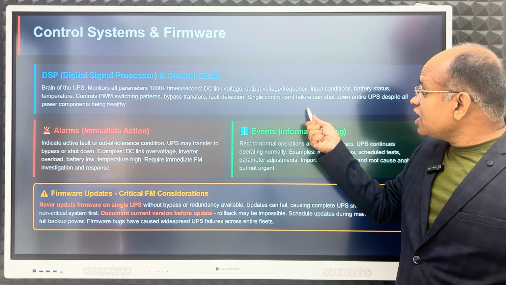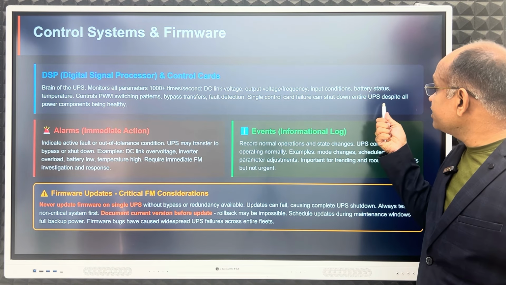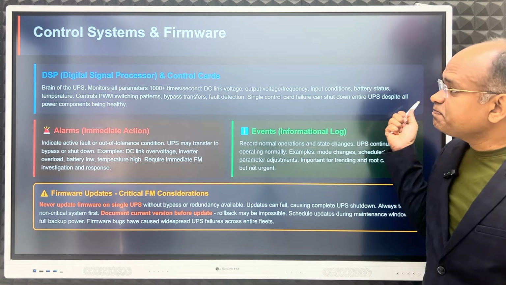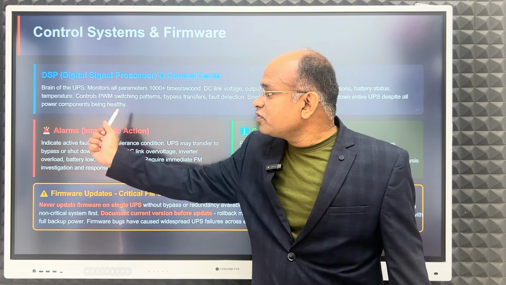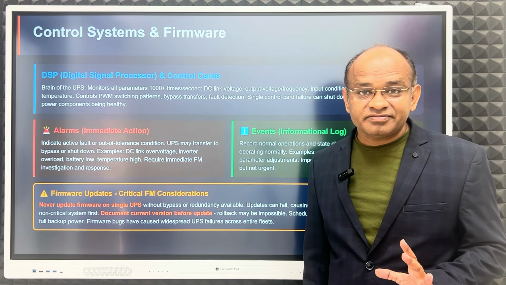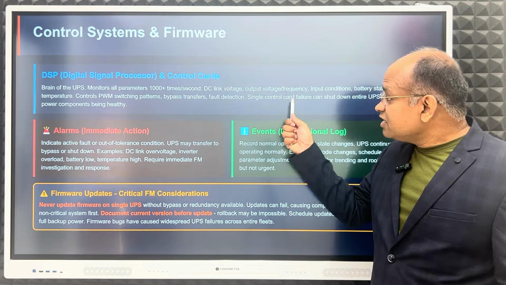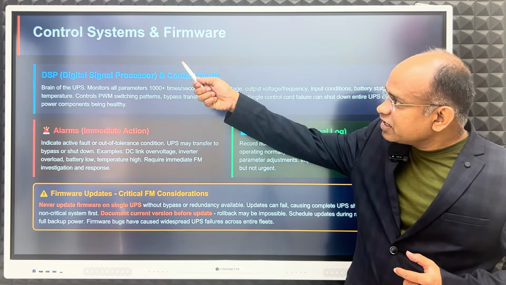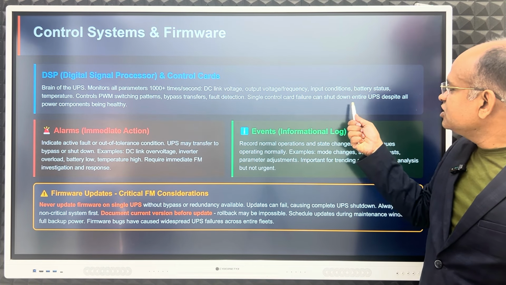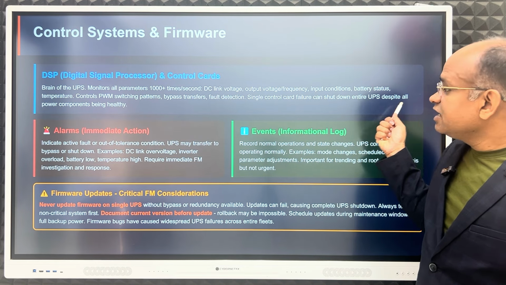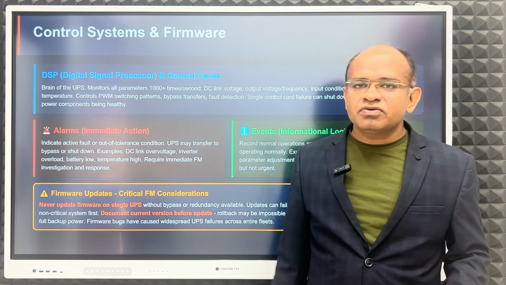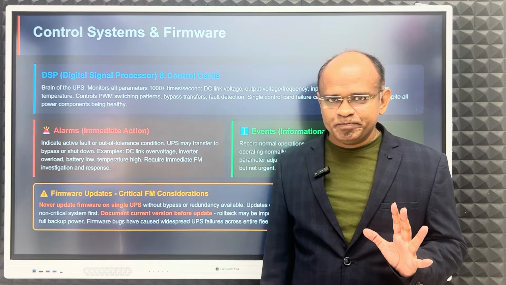A single control card failure can cause shutdown of the entire UPS despite all power components being healthy. I am reading it again. See, a single control card failure, control card is very much important, can shut down the entire UPS despite all power components being healthy.